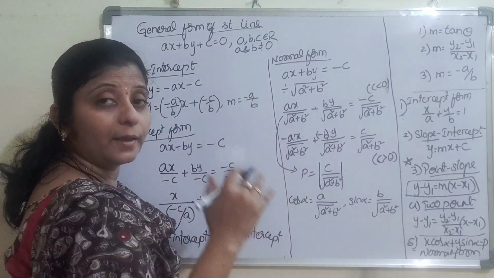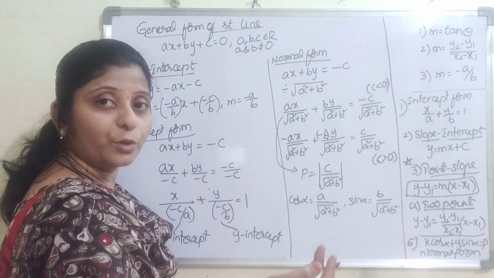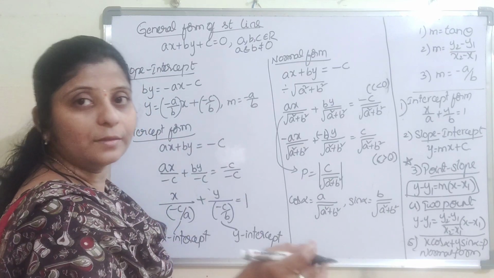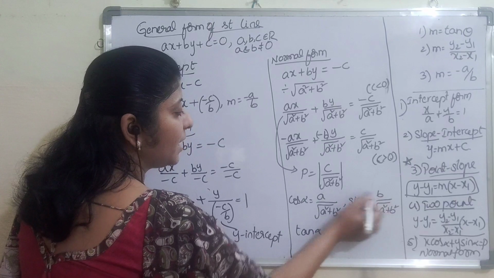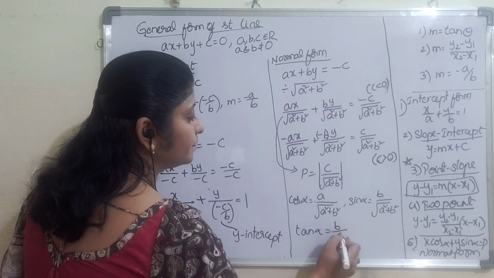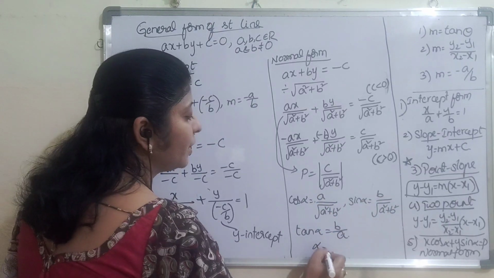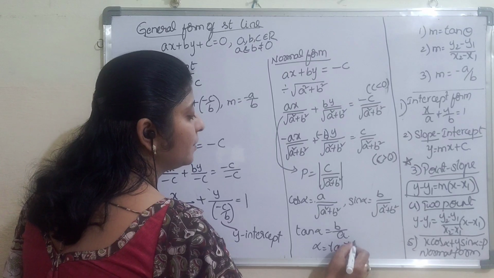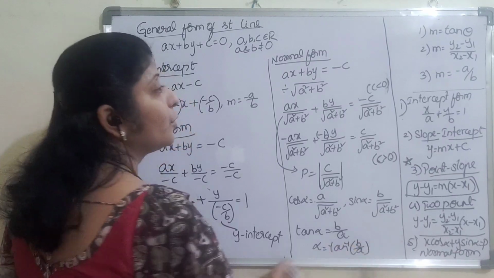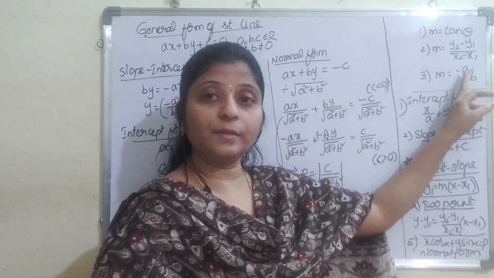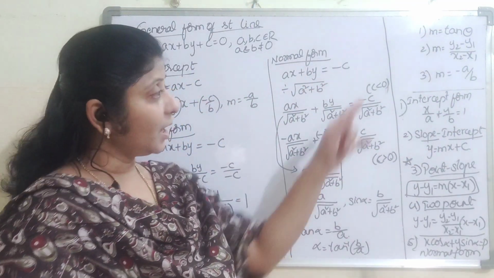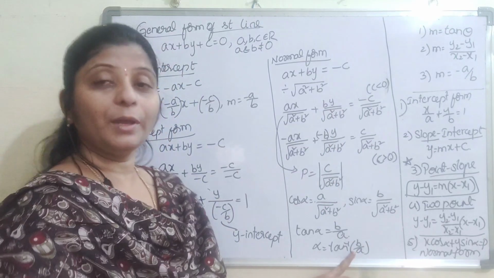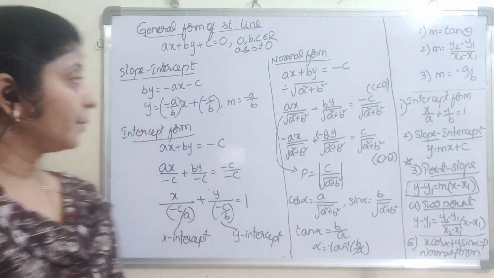Just send the constant to the right side and divide throughout the equation by root a square plus b square. So tan alpha will give you b by a. Alpha will be tan inverse b by a. So don't compare with a by b. It is an equation of a straight line. So it is a perpendicular. A by b, for the perpendicular will be b by a itself.